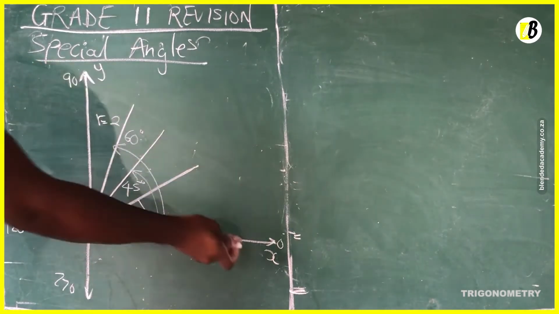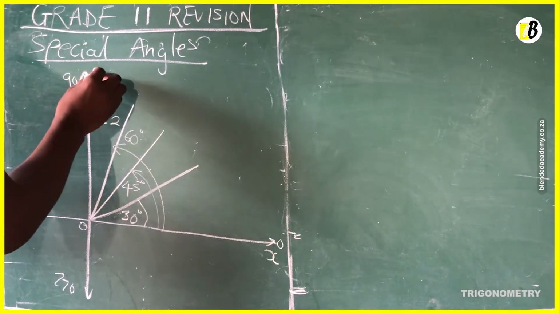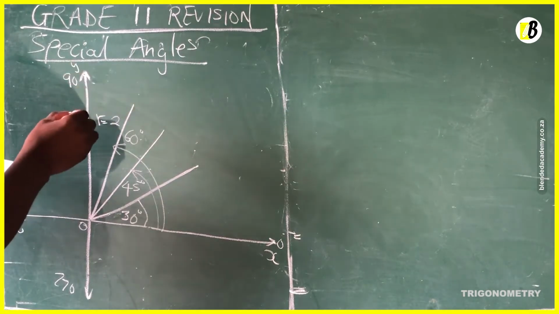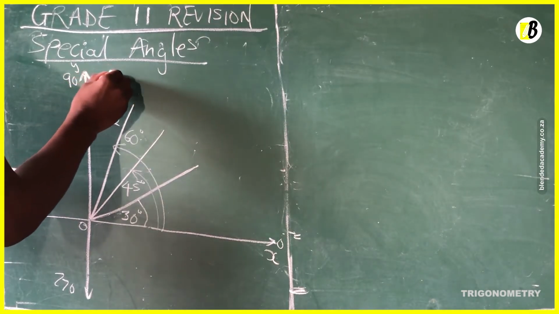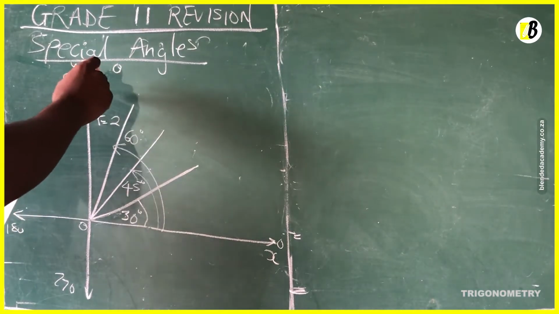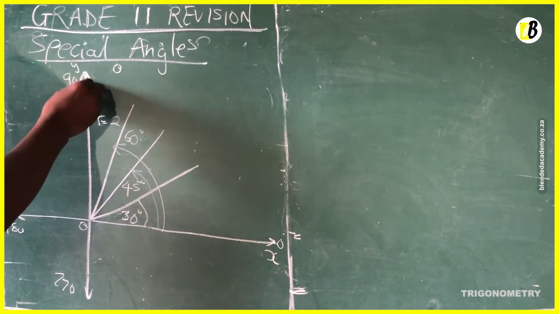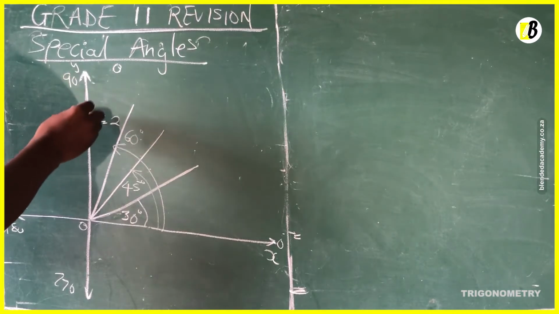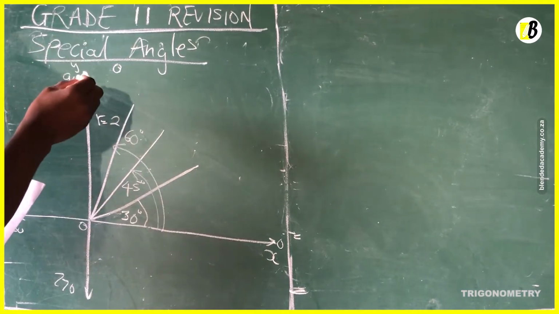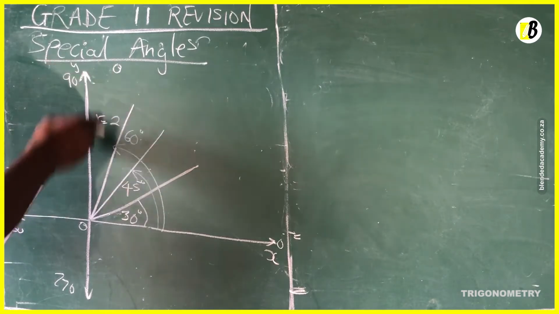Now we need to label these points, starting from the y-axis and also the x-axis. Y is going to be 0 at this point. Our y value is going to be decreasing in a clockwise direction from the y-axis.